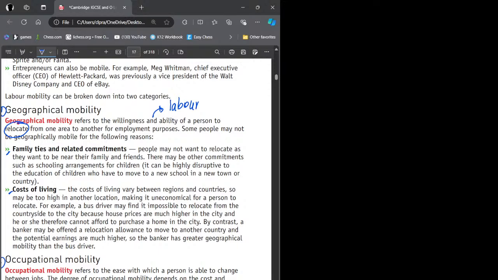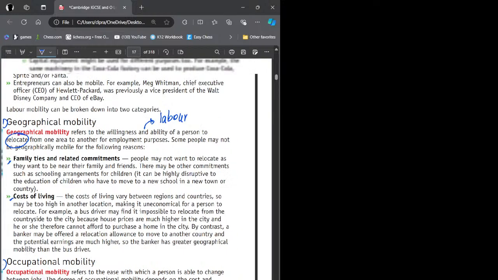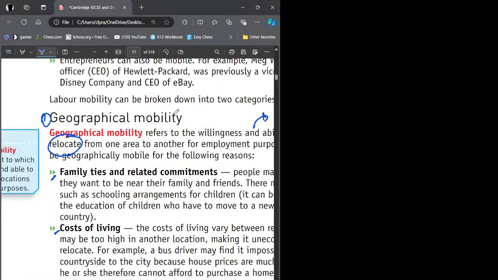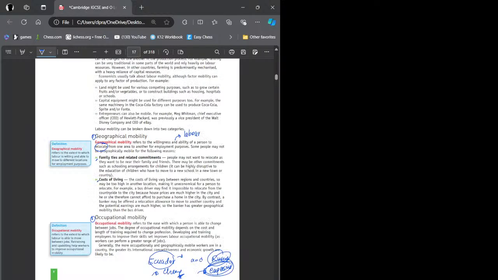Now, even though a person might be getting more money in Russia compared to Ecuador, if the cost of living is very expensive, the person will decide to rather stay in Ecuador, where there is a cheaper cost of living, so that he'll be able to save more from his earnings. So that's another reason why a labor or a factor of production is geographically not mobile.